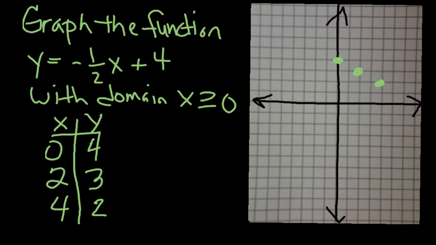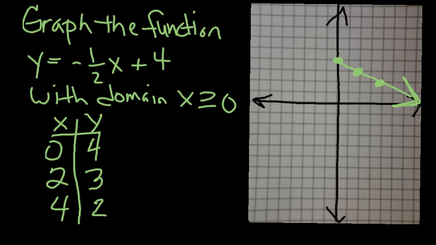My line actually is going to start here, and it's going to go this way. And it's not really a line, it's really a ray, because this is just going to be a point. It's not going to be an arrow, because it doesn't keep going this way. So, when I draw my line, I go this way.